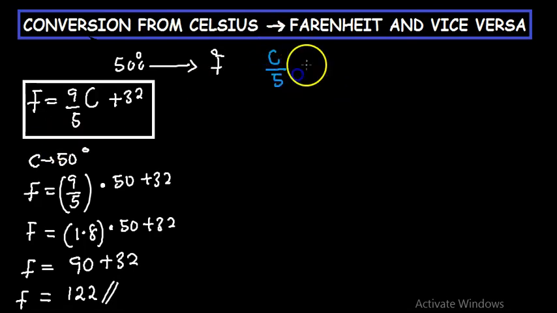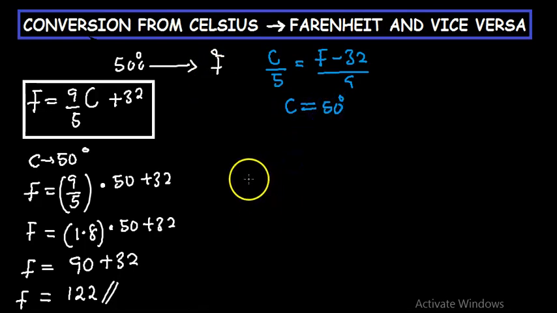Remember, we are dealing with 50 degrees Celsius, meaning our C is 50. Let's substitute our value here. Then we solve the problem. This is simply going to be 50 divided by 5, which is equal to F minus 32 divided by 9.